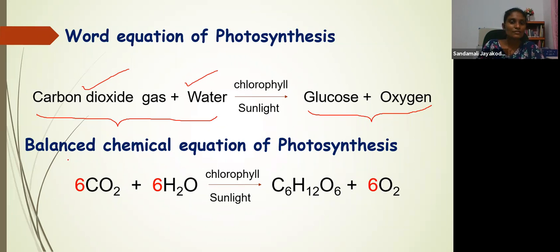So we have to write the chemical equation too. Now this is the balanced chemical equation for photosynthesis. Here carbon dioxide gas is CO2, water is H2O, glucose is C6H12O6 and oxygen is O2, and we have balanced the equation by putting the same number of each and every element on both sides.